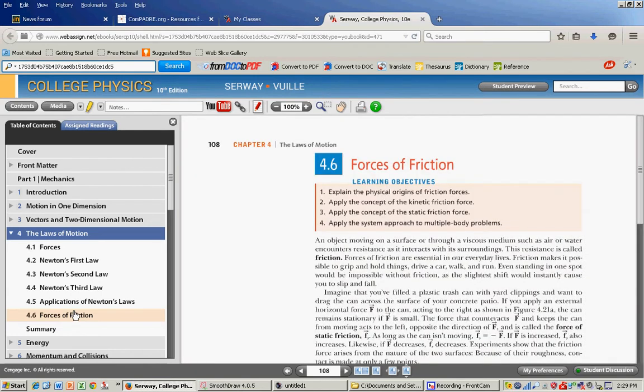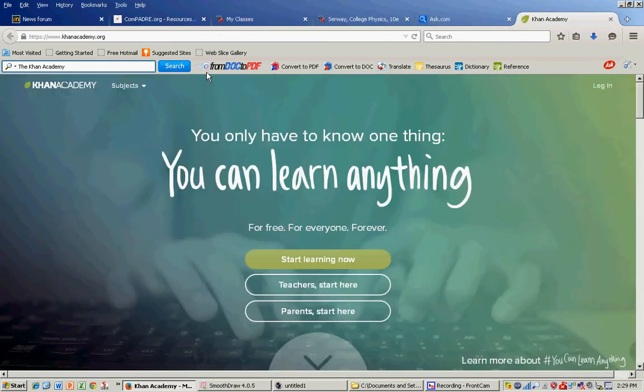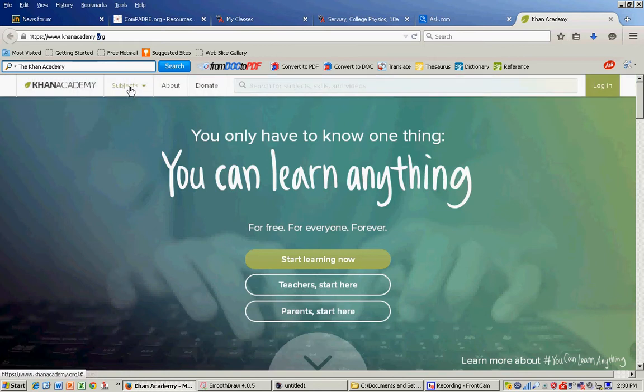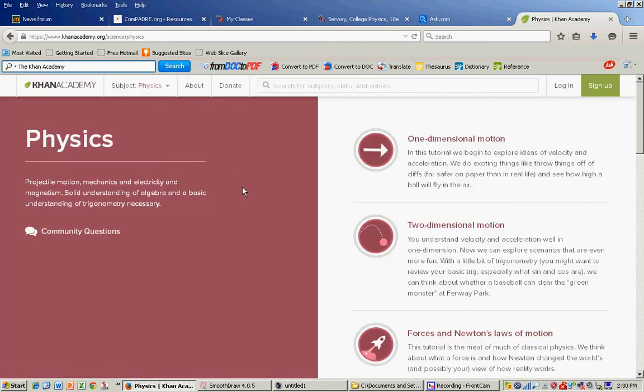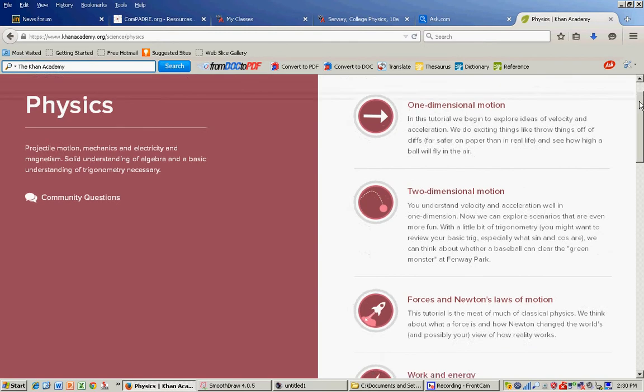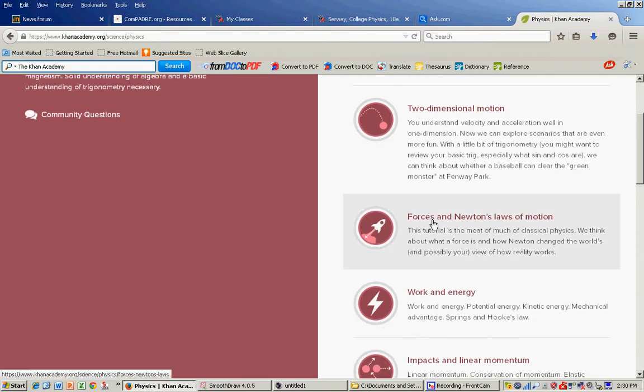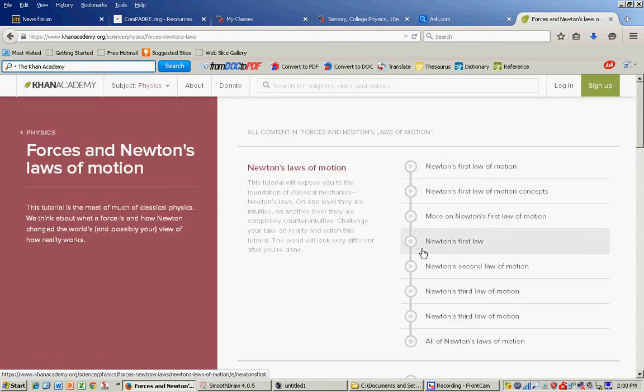Briefly, here are some recommendations besides Khan Academy. So you go to khanacademy.org, and then you select subjects, then science, physics, and here forces and Newton's laws of motion.